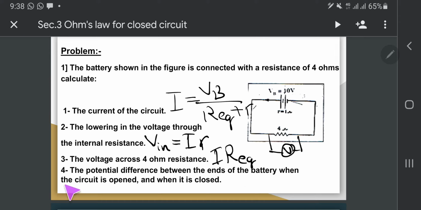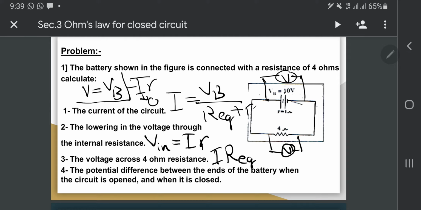Okay. Number 4, the potential difference across the ends of the battery, V. When the circuit is open, V equals VB, because V equals VB minus IR, and when the circuit is open the current equals 0, and 0 times anything equals 0.